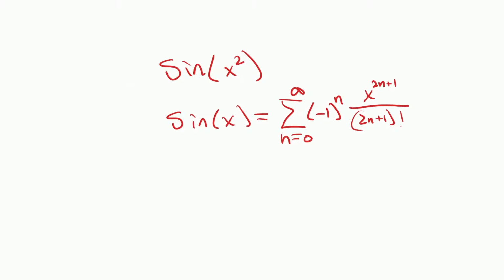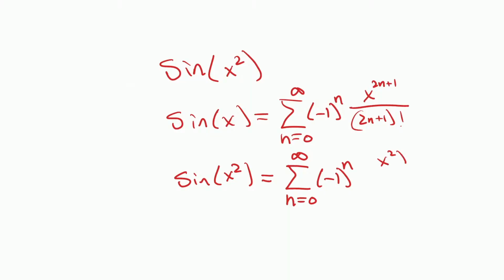So there's the sine of x. And so if you want the sine of x squared, all you're going to do is take x down here and replace it with x squared. So here we are: negative 1 to the n times x squared to the 2n plus 1 over 2n plus 1 factorial.